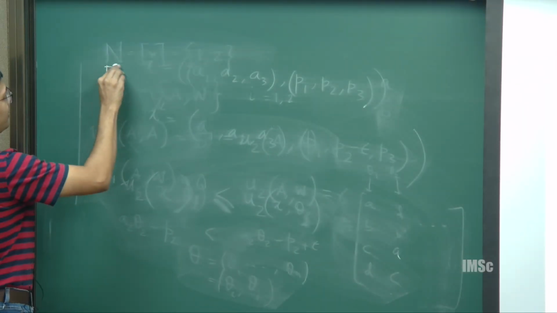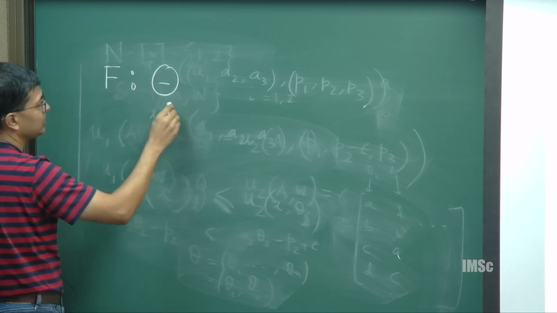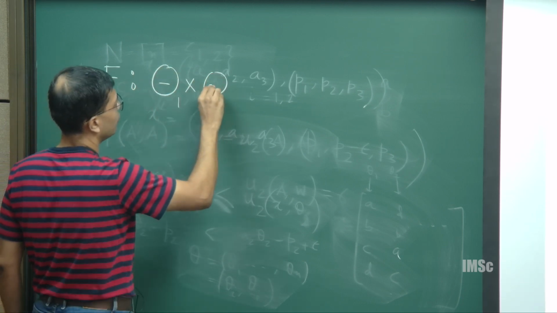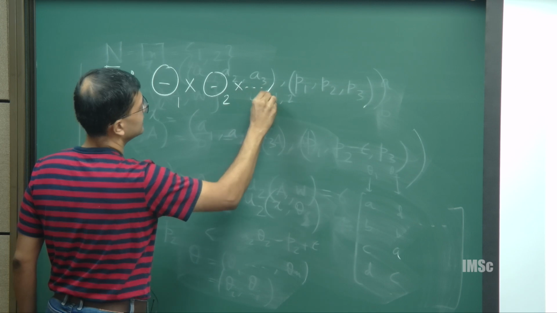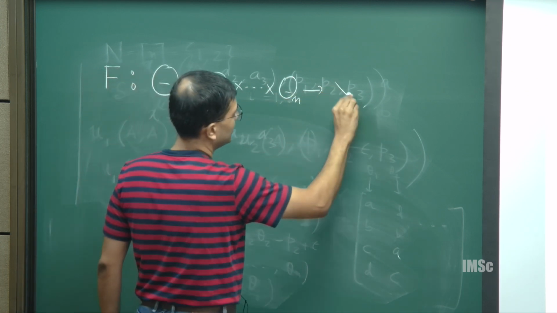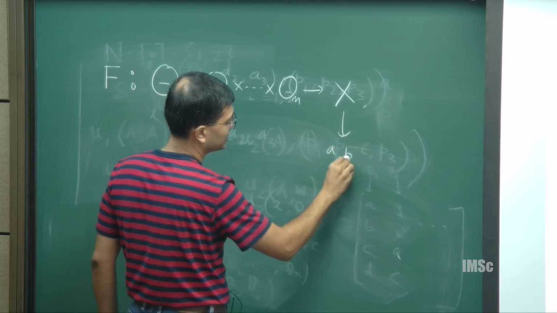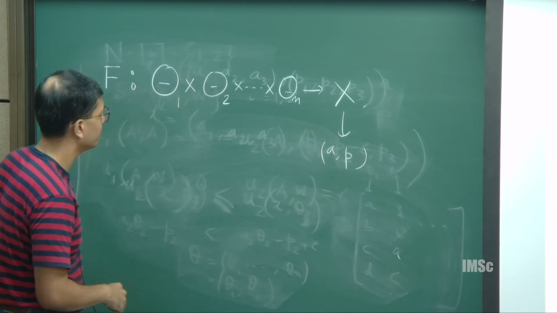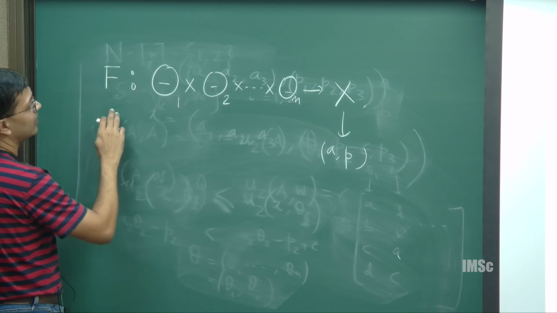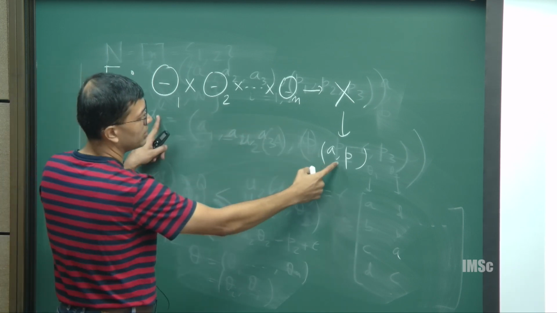I have this capital F which is mapping my capital Theta, the Cartesian product of all these individual sets up to capital Theta n, to the outcome set, and we know that these outcomes have an allocation part and a payment part. So I need this function to map from the type set to some allocation and payment.